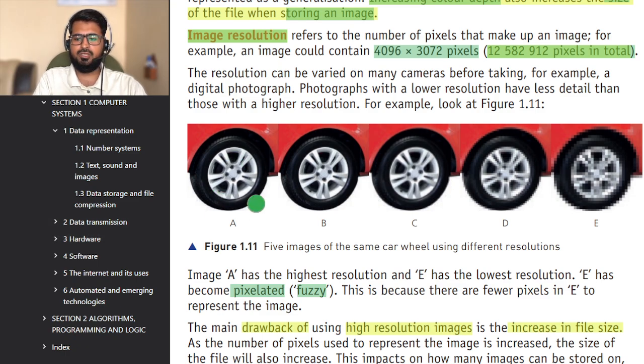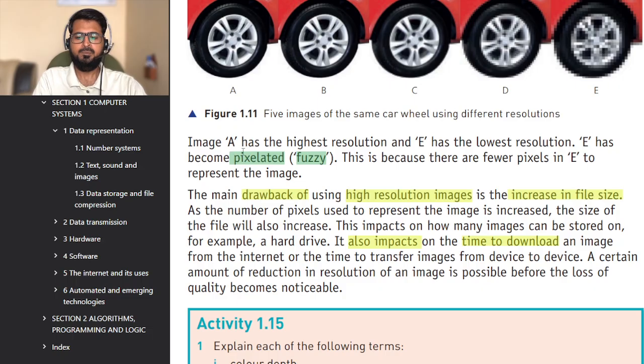And when the image quality is very good, we'll say that it is a high resolution or HD image, right? Now the drawback of a high quality, high resolution image is that it will increase the file size. So why is your book focusing so much on the file size?